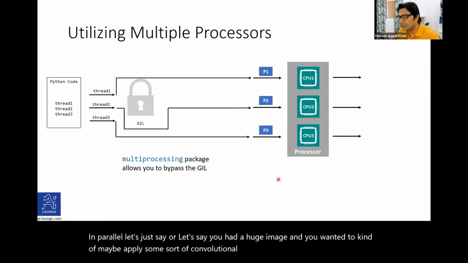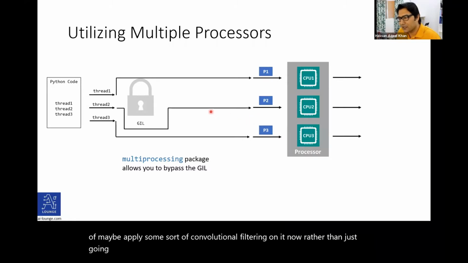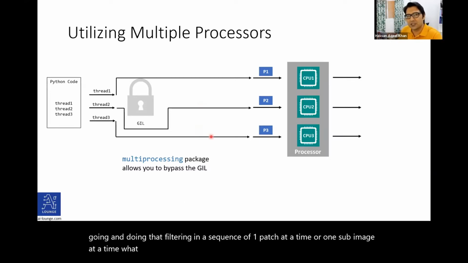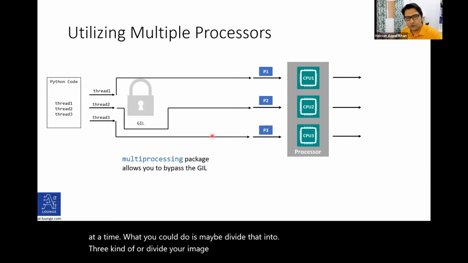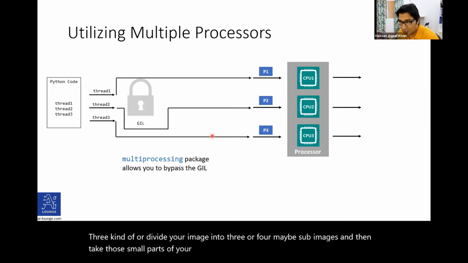Rather than doing that filtering in a sequence, one patch or one sub image at a time, you could divide your image into 3 or 4 sub images, and then execute each one of them on each CPU that you have.